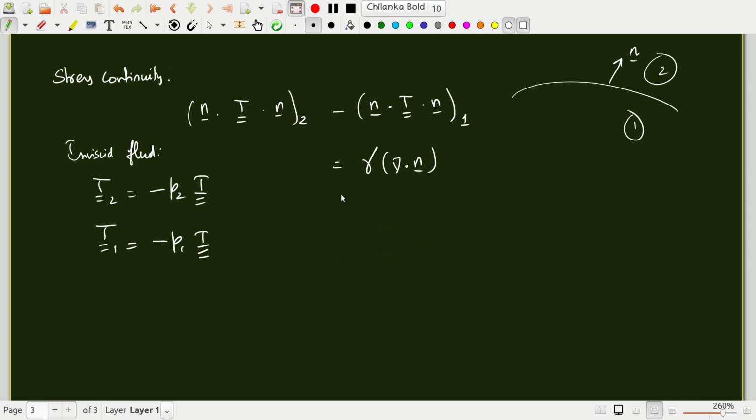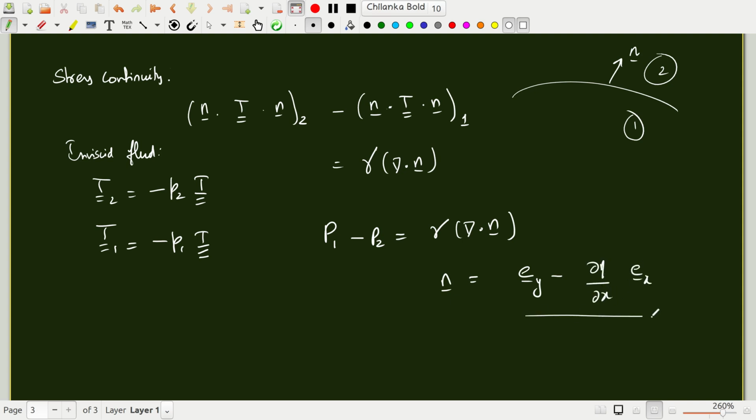This has both the base state plus perturbations. So P1 minus P2 is gamma times del dot n, but n is nothing but Ey minus partial eta by partial x Ex divided by 1 plus partial eta by partial x squared to the half. Now you can neglect this nonlinear term and just do del dot n very easily, or you can include this.